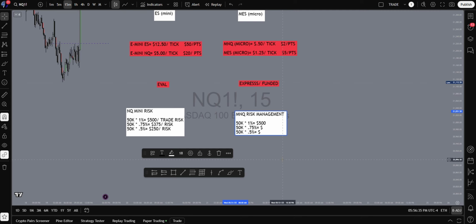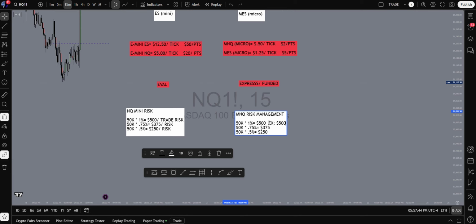It's not the money or the percents that change. The money percent, whatever you're risking to the account, is what you're putting out on the table to risk. You know what I mean? That's not going to change. The only thing that would change when you're dealing with these pairs is how many ticks it actually takes.